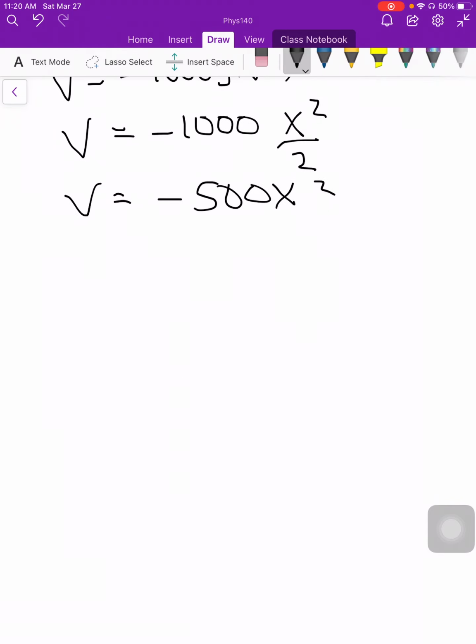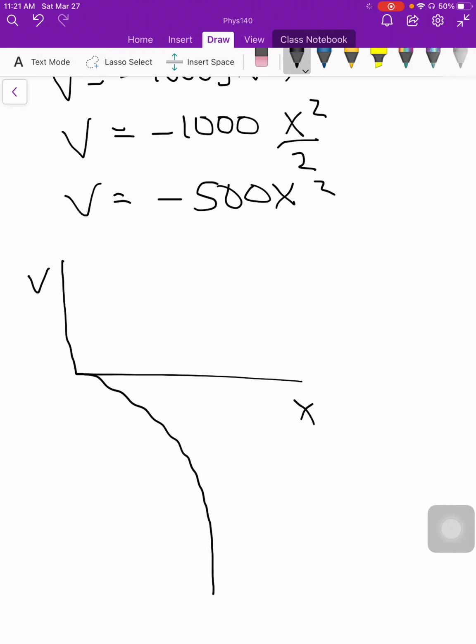So my graph is going to be V here, x and V. And I know I start at x equals 0, so I'm going to have something that looks like a parabola. And so we can plug in our values here. Let's say at x equals 1, this is 1, I'll say this is like negative 500.